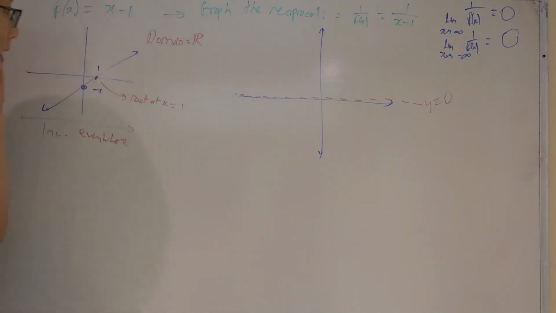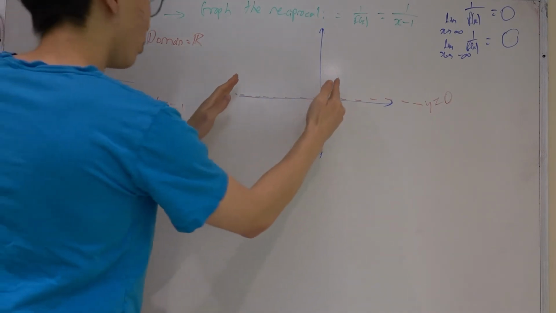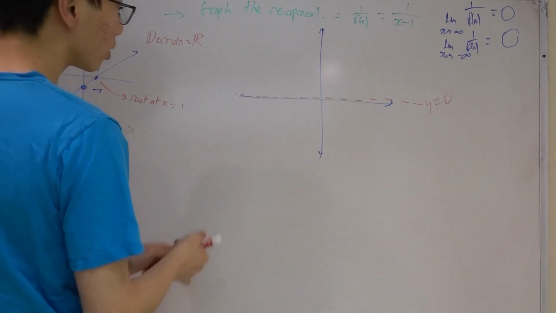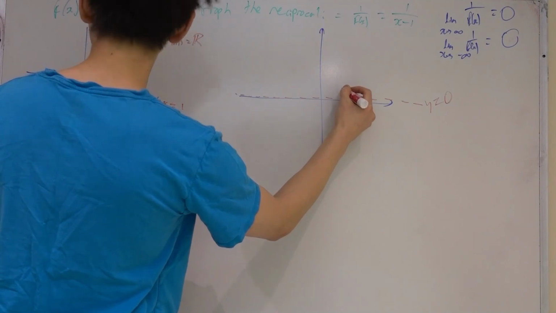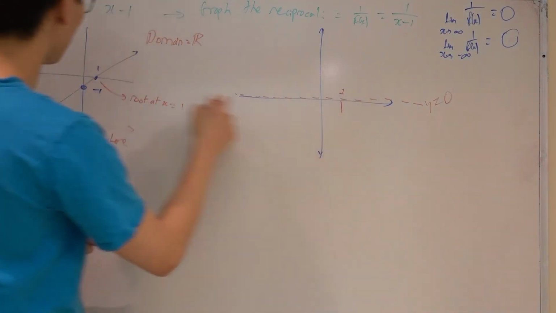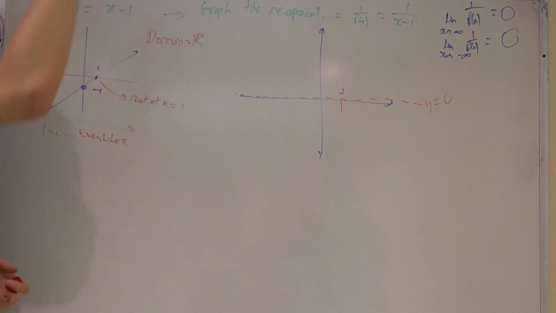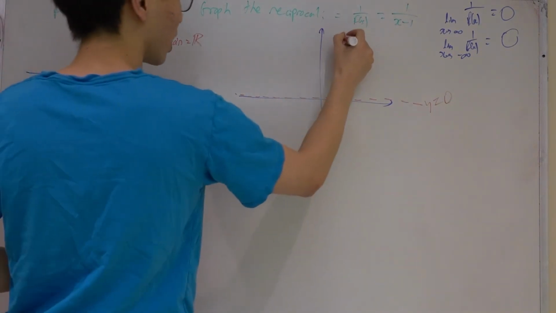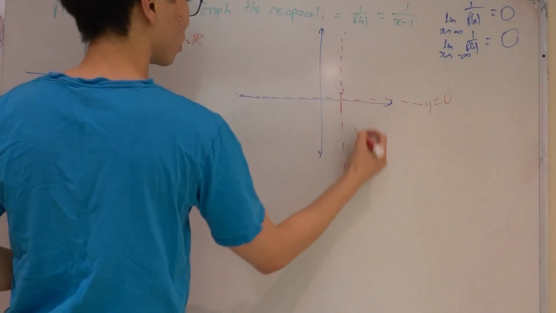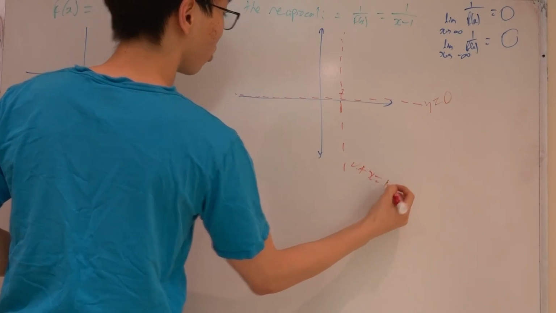Alright, so now that that's out of the way, we can see that here the function's negative. So that means everywhere behind this, it also has to be negative. But remember, at our roots, we need to have a vertical asymptote. So let's put another asymptote here, a vertical asymptote at x equals 1.